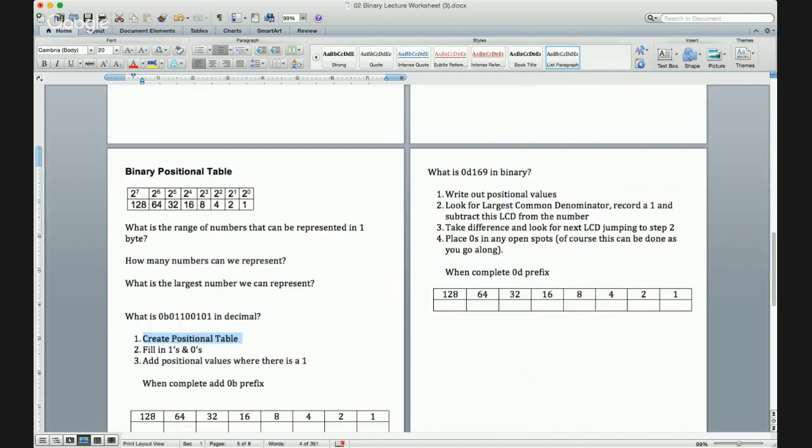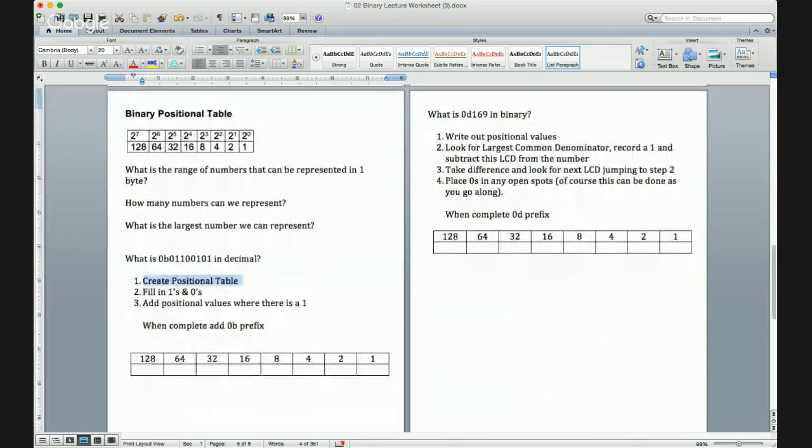So let's take a look now. Again, going back to, I want to convert 0b, and that 0b is important. If you forget to put 0b for binary, 0d for decimal, 0x for hexadecimal, you can't communicate it. If it's on a test, it will be wrong.